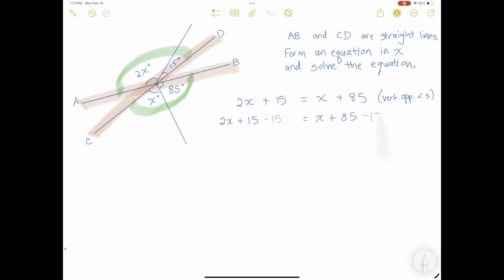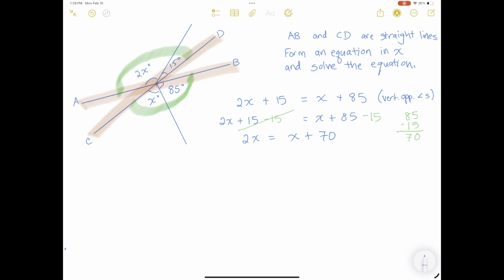I start by subtracting 15 from both sides of the equation. On the left-hand side, 15 minus 15 equals 0, leaving 2x by itself. And on the right-hand side, I have x plus 85 minus 15. I solve 85 minus 15 equals 70 on the side, and I write that down on the line below.